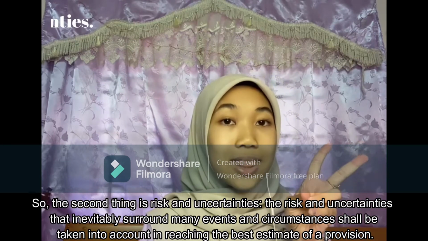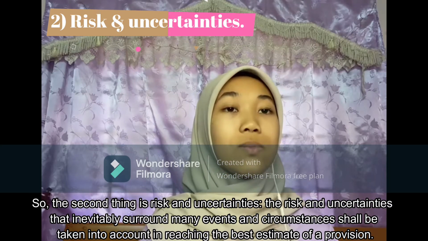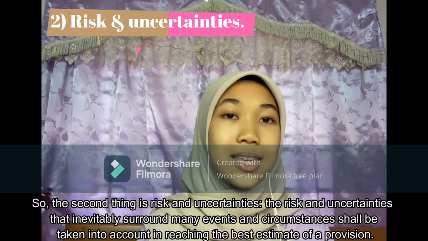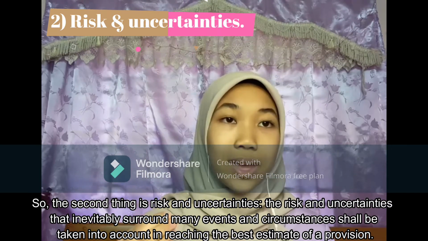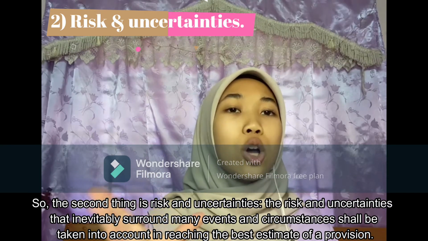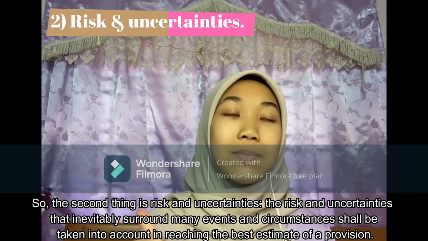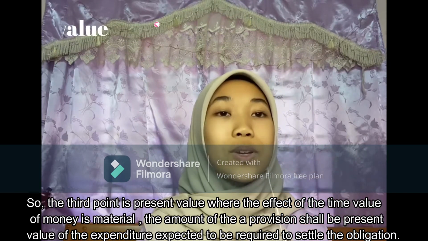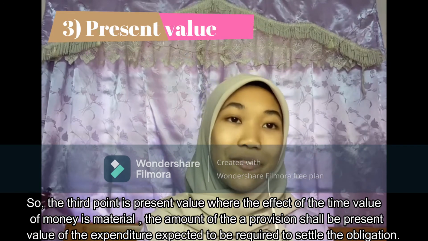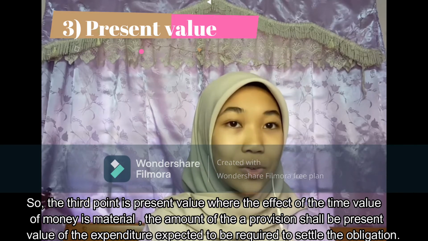The second thing is risk and uncertainties. The risks and uncertainties that inevitably surround many events and circumstances shall be taken into account in reaching the best estimate of a provision. The third point is present value, where the effect of the time value of money is material.